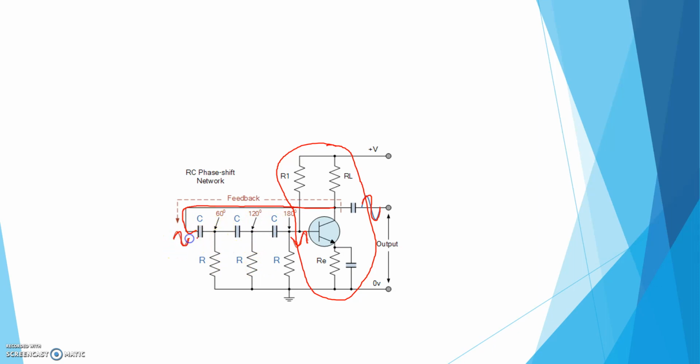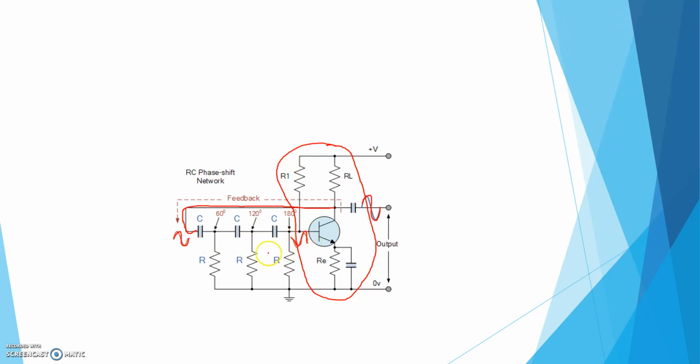See, this is the output voltage now. So with respect to input, here 180 degree phase shift is there, then by this block 60 degree, then 120 degree, then 180 degree phase shift. So in total this block provides another 180 degree phase shift, so that this output becomes 180 degree phase shifted and it becomes the input.